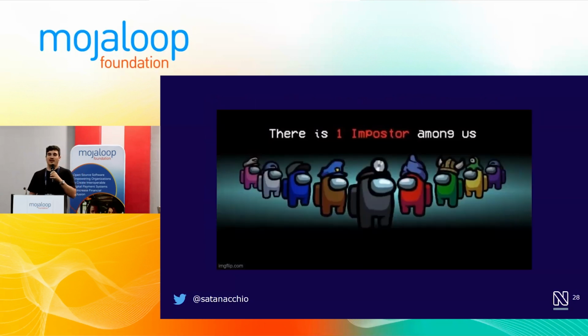We all know the game Among Us. It's a popular game where there is an imposter among the players. So there is someone who claims to be someone else. And this is common in web applications when we don't enforce strong authentication.